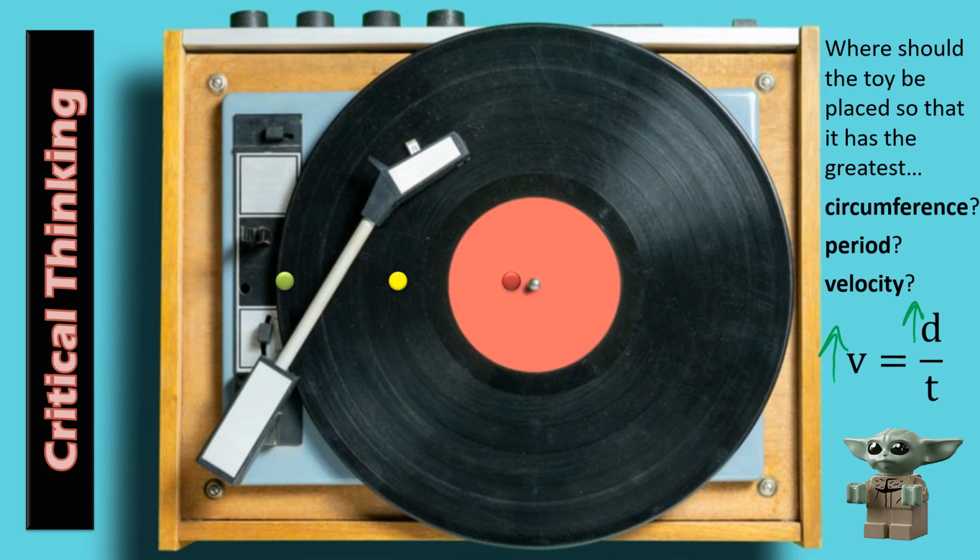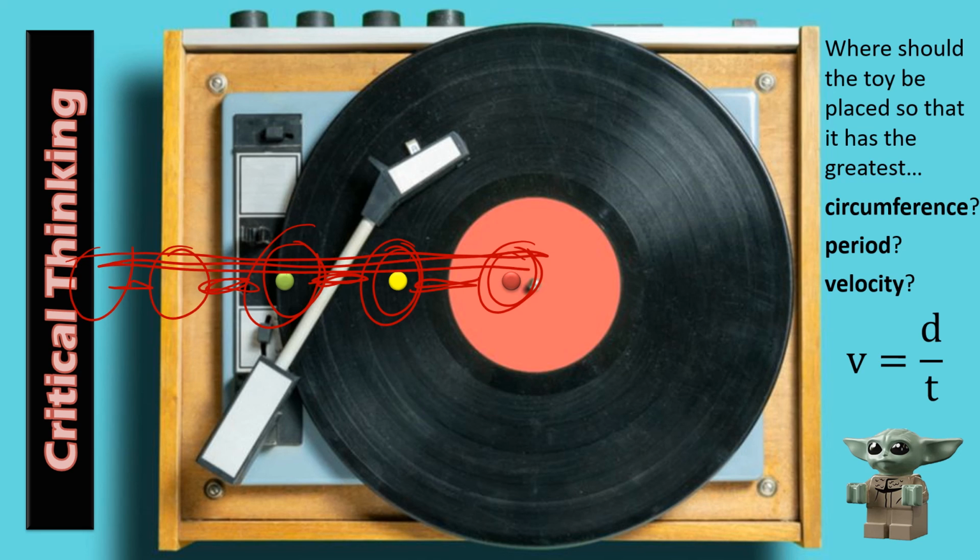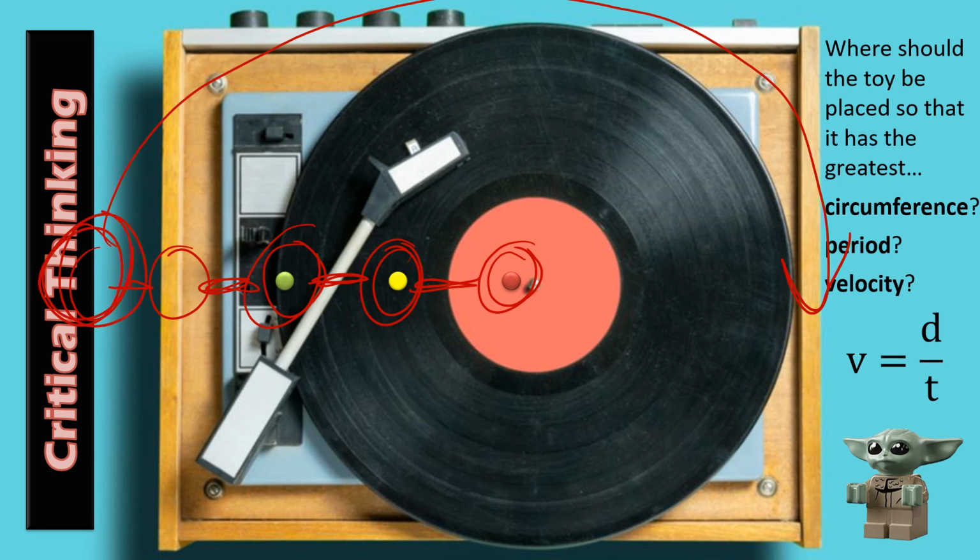Okay, cool. Now there is a cool demonstration that you could do if you're safe. So instead of these 3 points on a record, in the classroom I'll have students get in a line and hold hands or hold on to a piece of rope. I say, keep the rope nice and straight, and they move around in a circle. So the person at the end, what do you think they're doing?